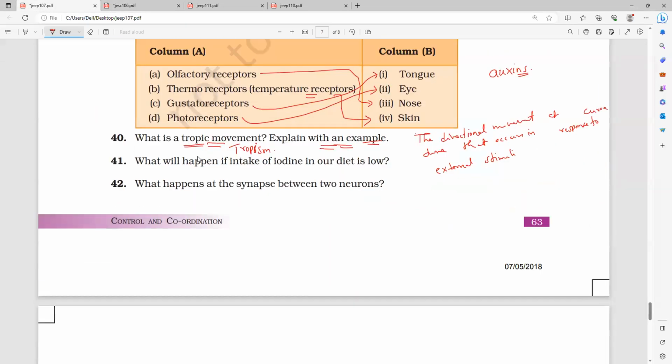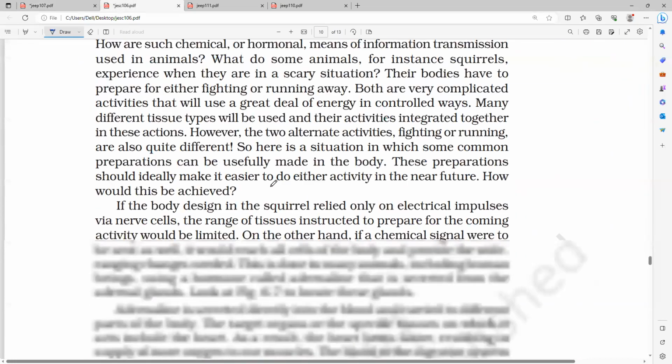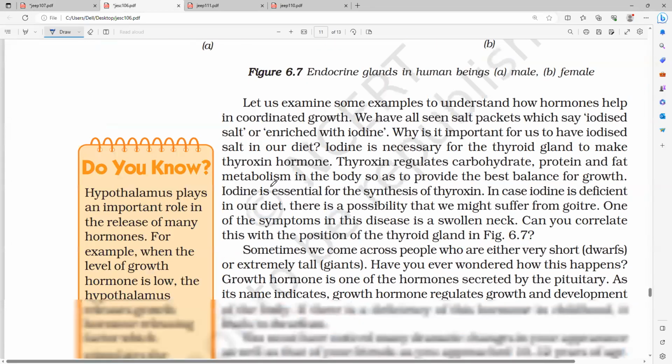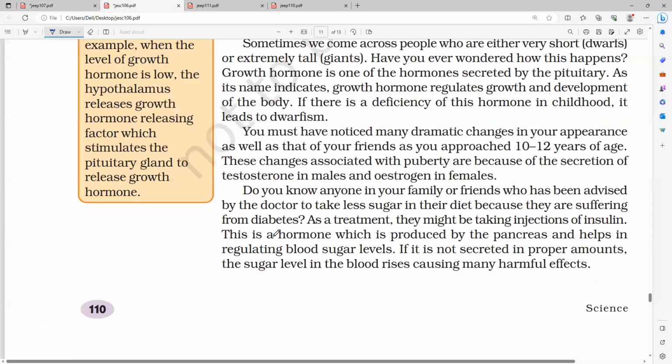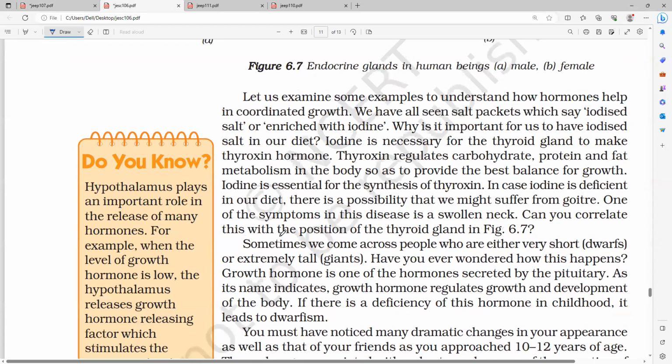Next, what will happen if the intake of iodine in our diet is low? In case iodine is deficient in our diet, underline it and write it.